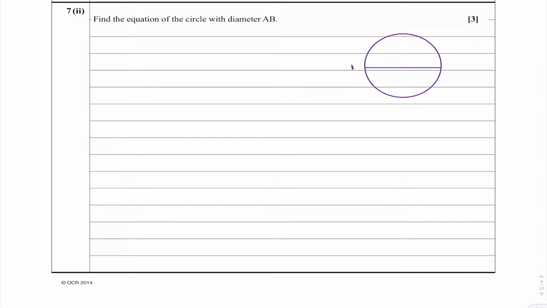So if that was AB, the center here will be the point of the radius. So that's the center for it. So that means we need to find the midpoint of AB.